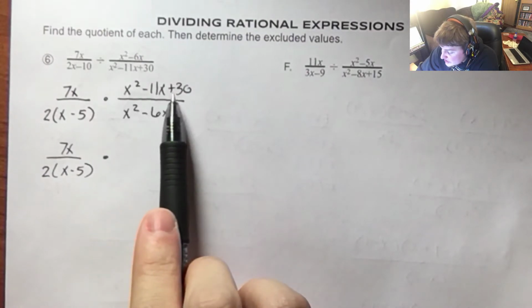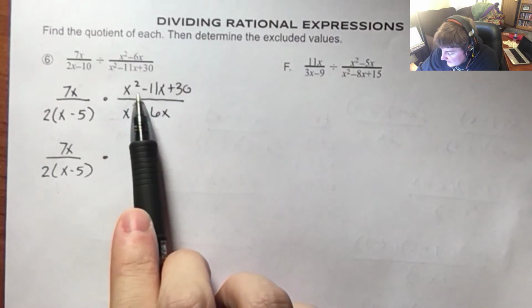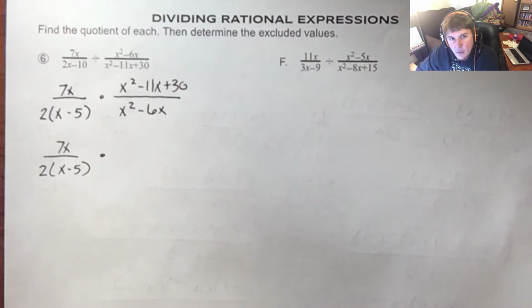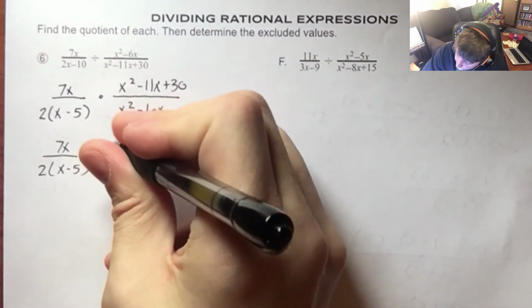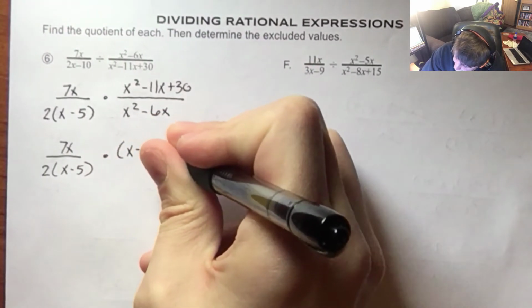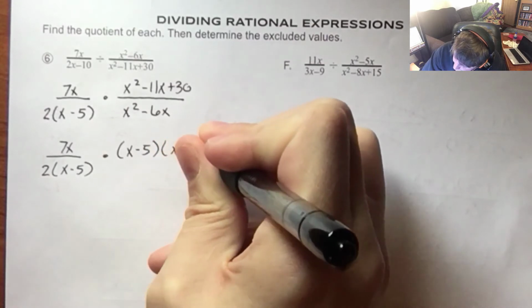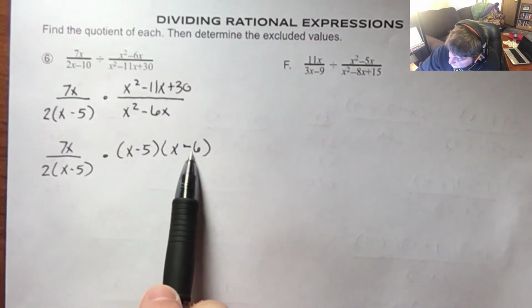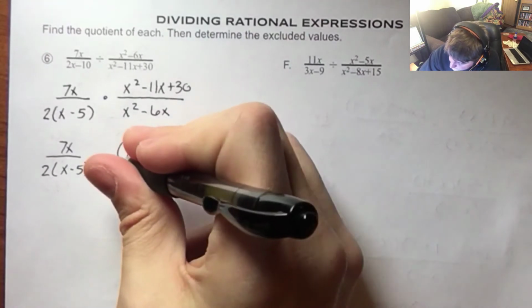A value is 1, so I'm looking for numbers that multiply to 30 and add to negative 11. So go ahead and think about what combination of numbers that is. Okay, and hopefully you've identified that this is going to be x minus 5 and that this is going to be x minus 6. Negative 5 times negative 6 is positive 30. Negative 5 plus negative 6 is negative 11.